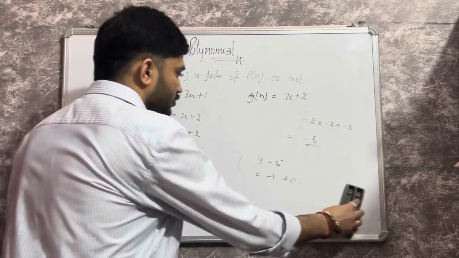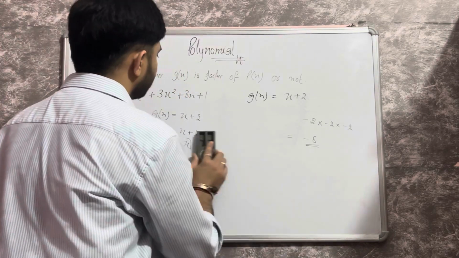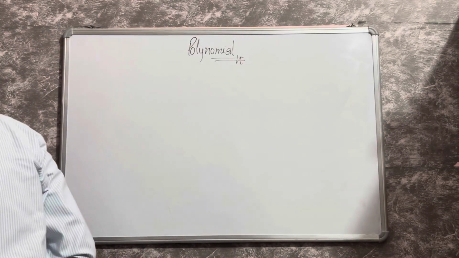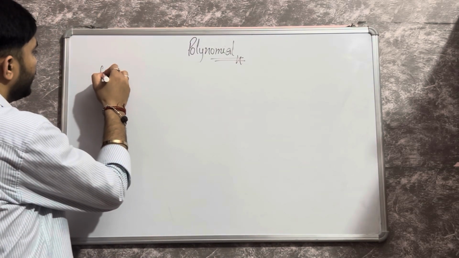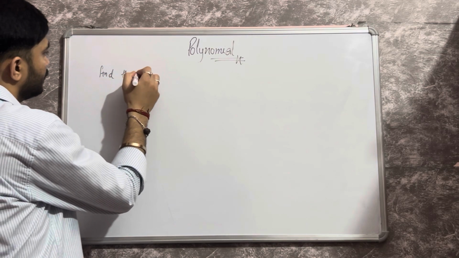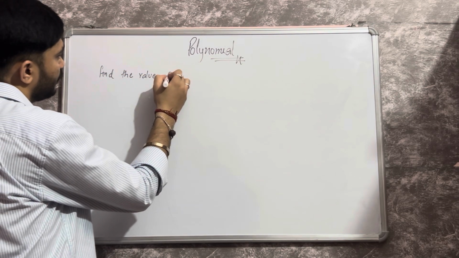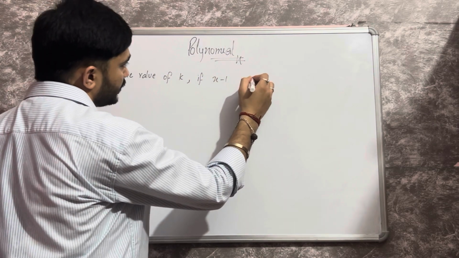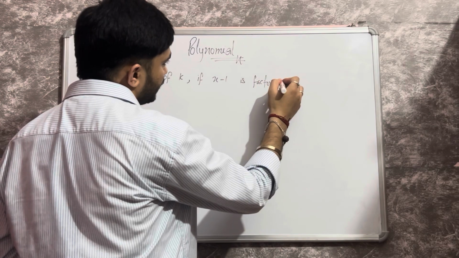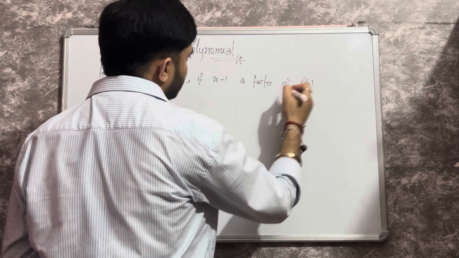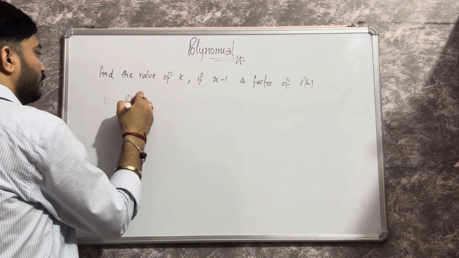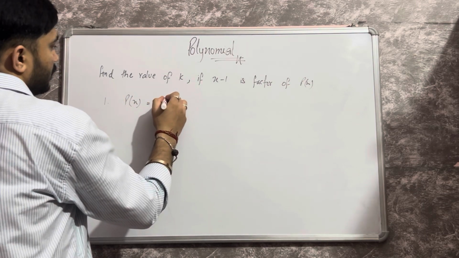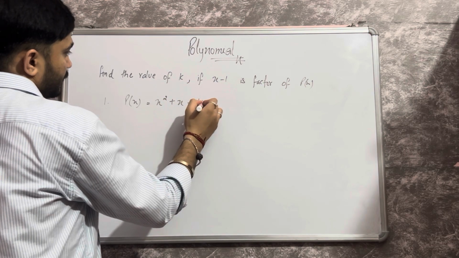Now let us solve one more variation of this question. That is, find the value of k if x minus 1 is a factor of p of x, and p of x given to us is x square plus x plus k.